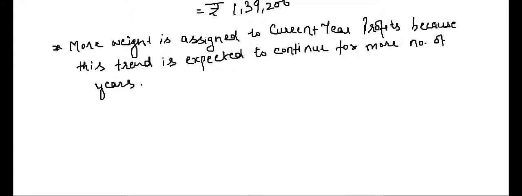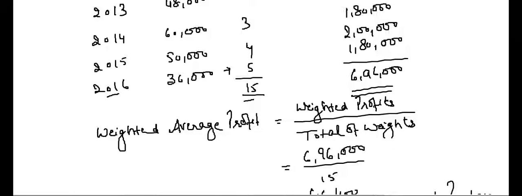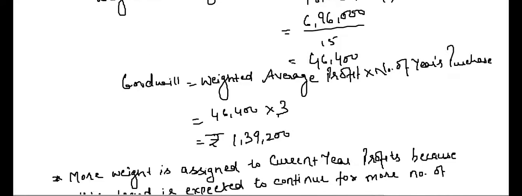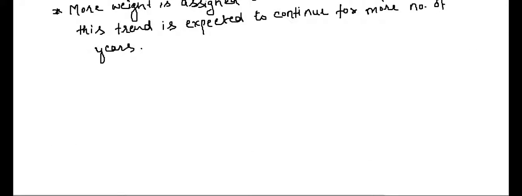Right? If I talk of the next year, that is 2017, the profit trend of 2016 will be more relevant than the profit trend of 2012. You can write this down.